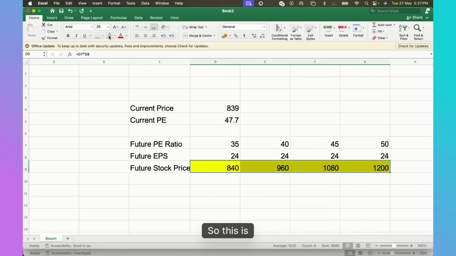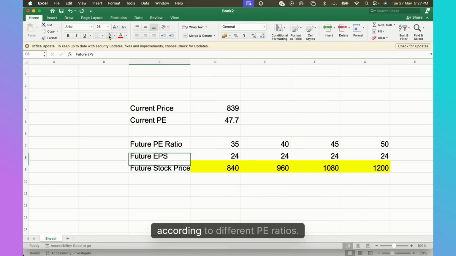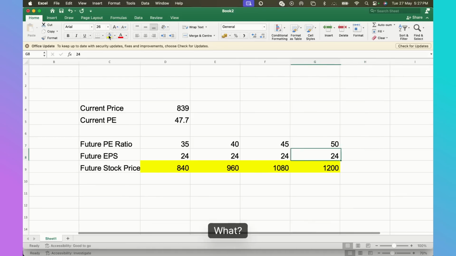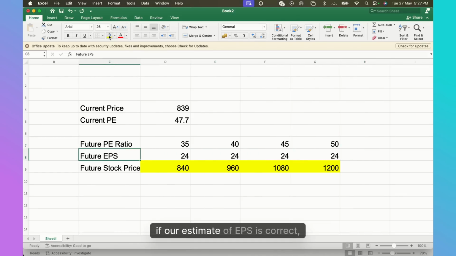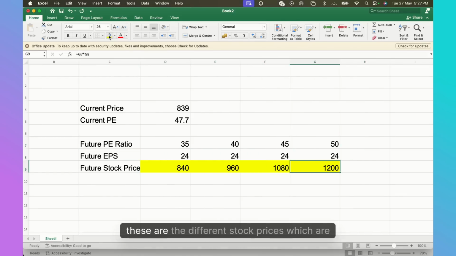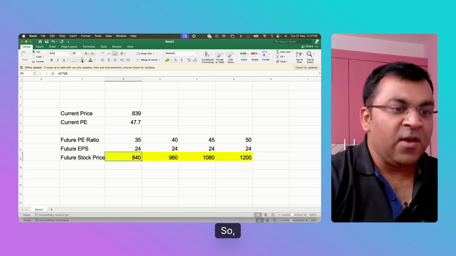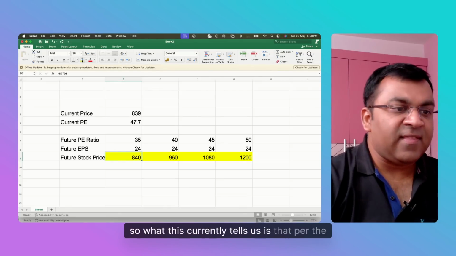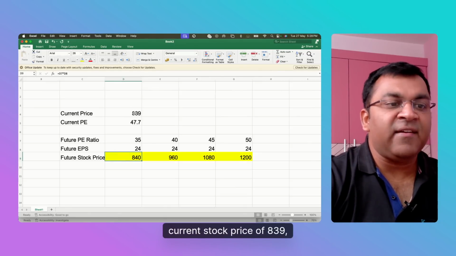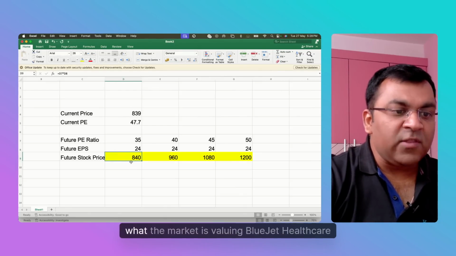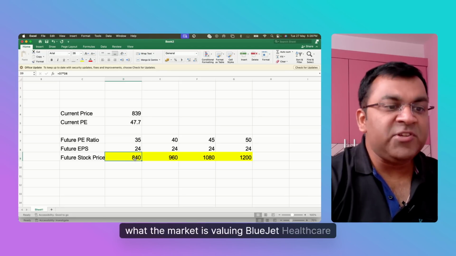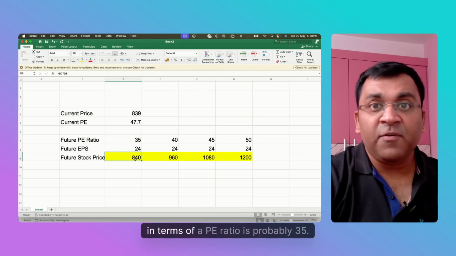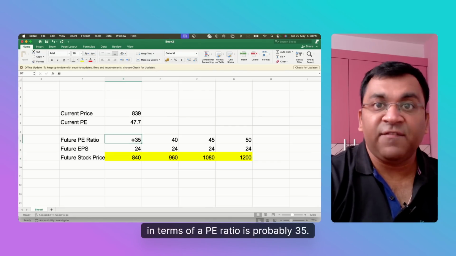So according to different PE ratios, and obviously if our estimate of EPS is correct, these are the different stock prices which are possible. So what this currently tells us is that per the current stock price of 839, what the market is valuing BlueJet Healthcare at in terms of a PE ratio is probably 35.